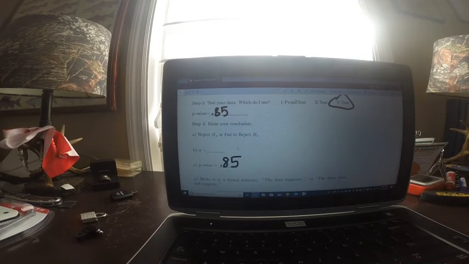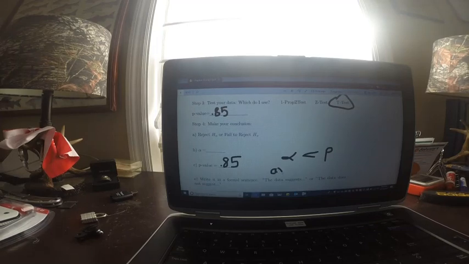So honestly, with any reasonable alpha value here, your alpha is going to be less than your p-value, for any reasonable alpha.